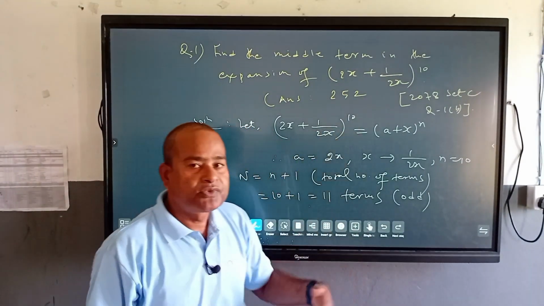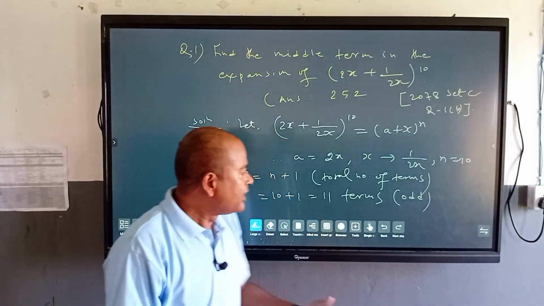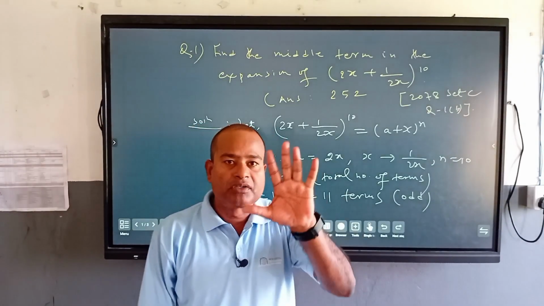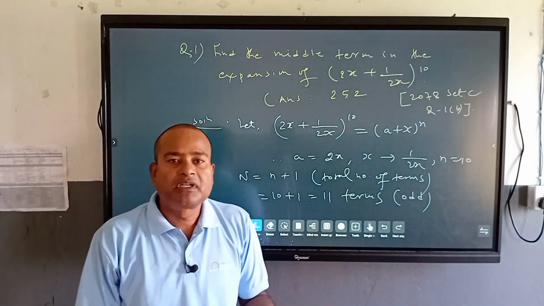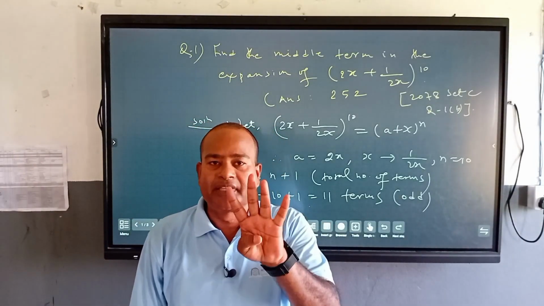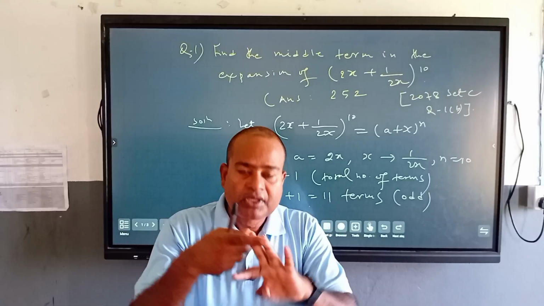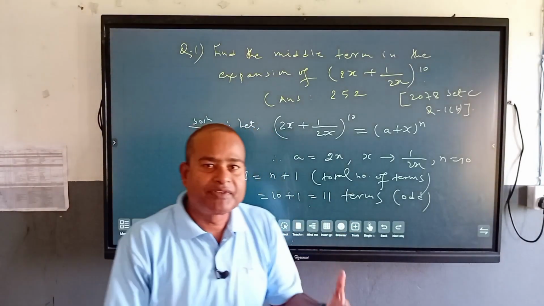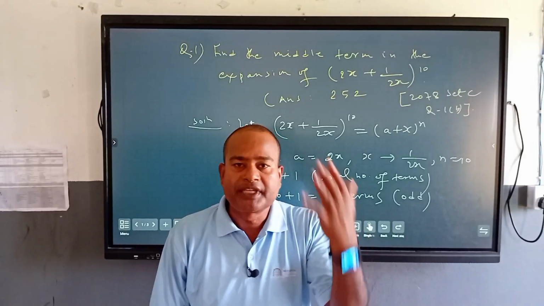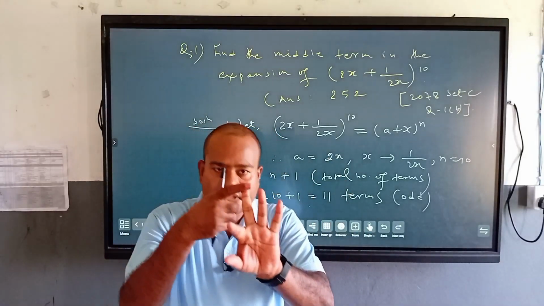Now if the total number of terms is odd, then there is only one middle term. We know if the total number of terms is even, then there are two middle terms. So here the total number of terms is 11, which is odd, so there is only one middle term.